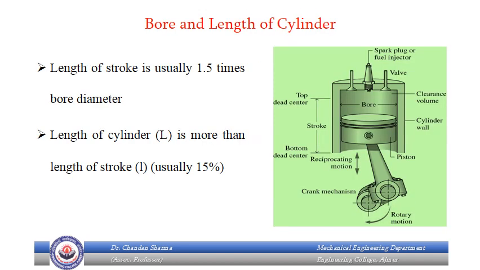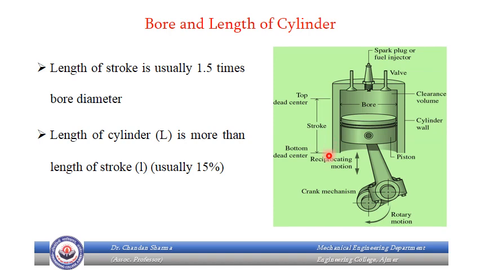Now, in the previous slide, we found the diameter of cylinder bore, and by the ratio of length of stroke and diameter of cylinder bore, we can also find the length of stroke, which is usually 1.5 times the cylinder bore. Now, length of stroke, as we can see in this diagram, is somewhat smaller than the length of cylinder.